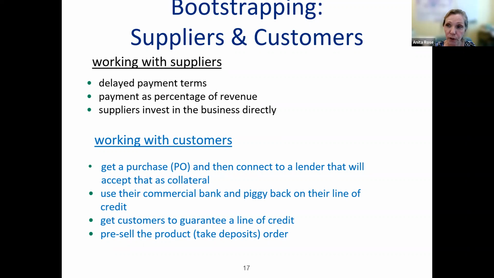When you have a purchase order, you can go to a bank and ask for the money to be lent to you. Another way to think of this with customers is getting half the money up front. You can purchase the item, and then when you supply the work and you've added to the value and you've presented it, then you collect the rest of the monies. So there are ways that you can think about bootstrapping and not have to put out all the funds yourself.